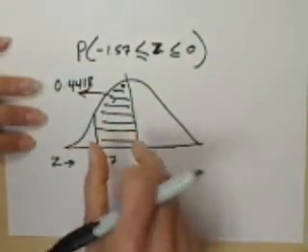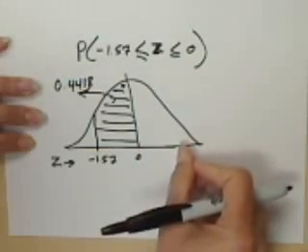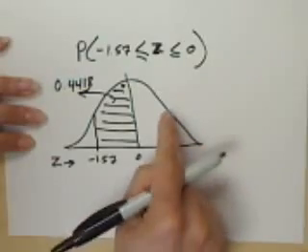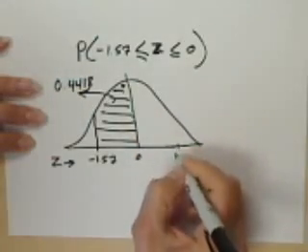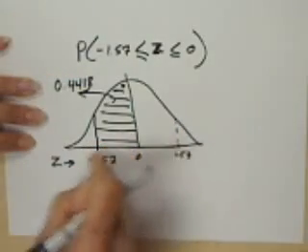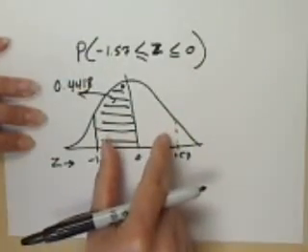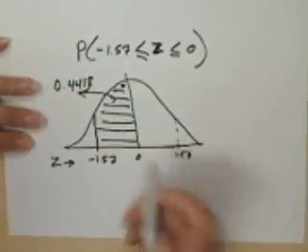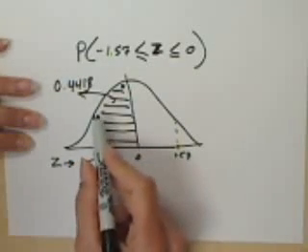Of course, we know, due to the symmetry of the normal curve, we looked up a positive 1.57, but because of the symmetry, this area and this area from 0 to negative 1.57 are both the same size. So the answer to this question would be 0.4418.